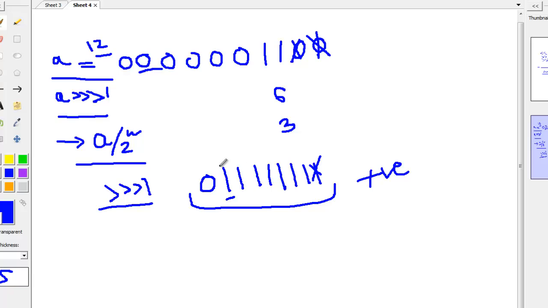So shifting a negative number with this operator will lead to a positive. So this is the problem for a right shift operator which is unsigned. To take care of the sign, we have another shift operator, which is the signed shift operator. This will take care of the sign of the number which was there before the number was shifted. Again we'll take the same example.